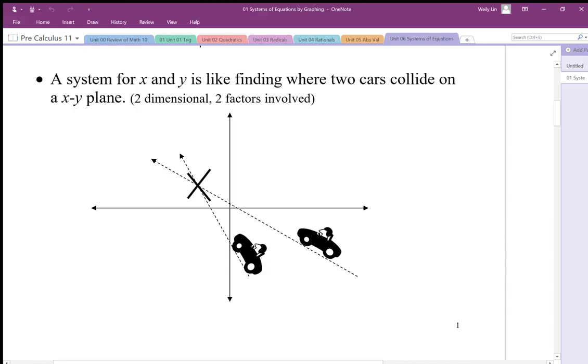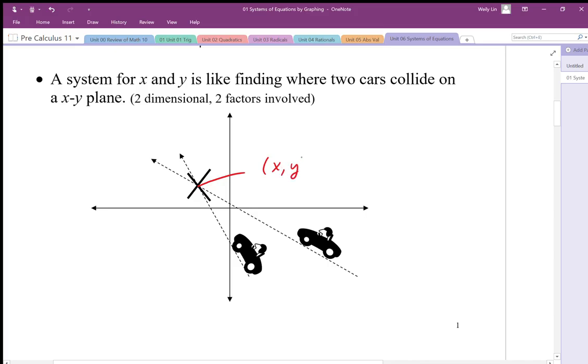When we find where the two relationships intersect or meet, we end up having an xy coordinate. So in a system of equations, we're going to have both an x and y solution, and it's a two-dimensional solution.